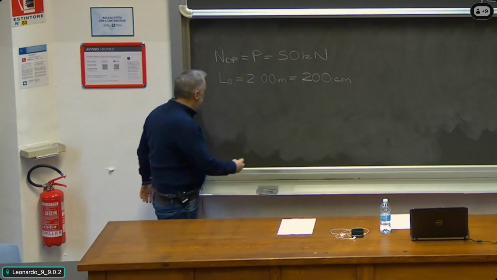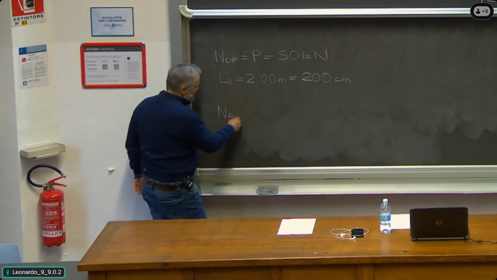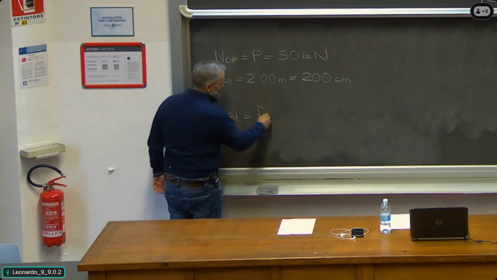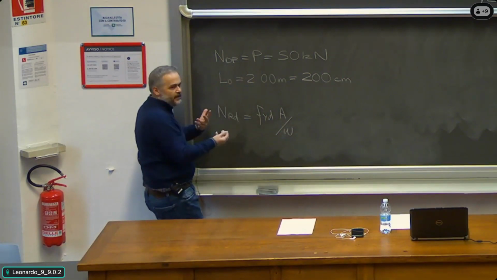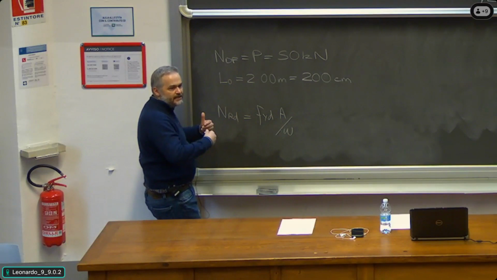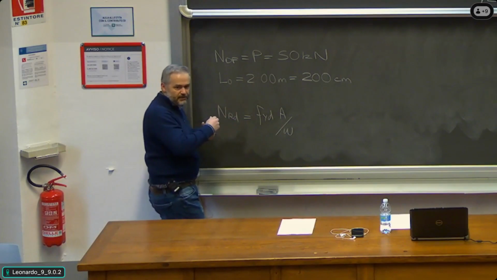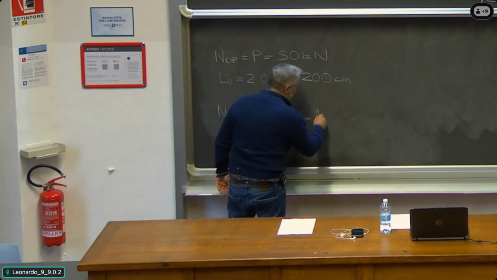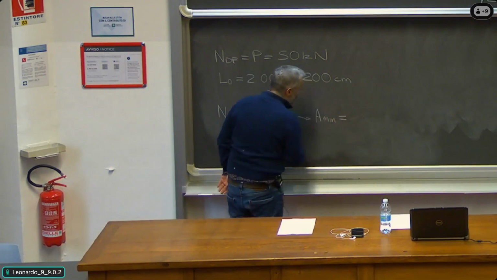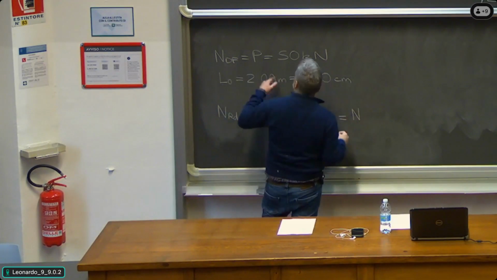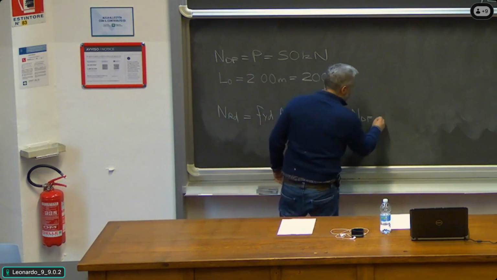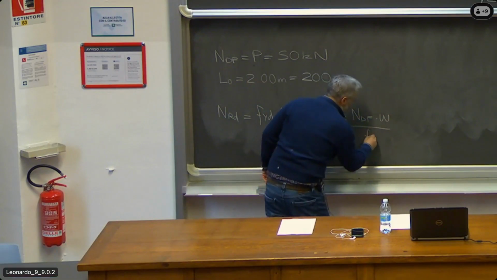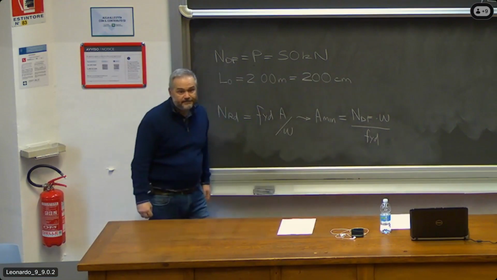If we think about the equation, which gives you NRd equal to Fyd times A divided by omega, and we use it in the opposite sense, as we did with tension members, we have A minimum equal to N applied, which is NDF, times omega divided by Fyd.